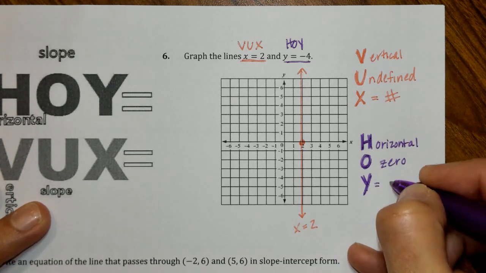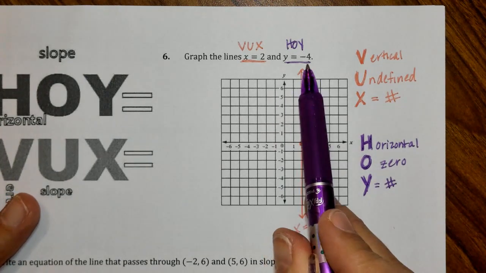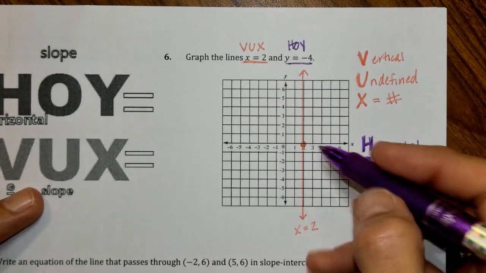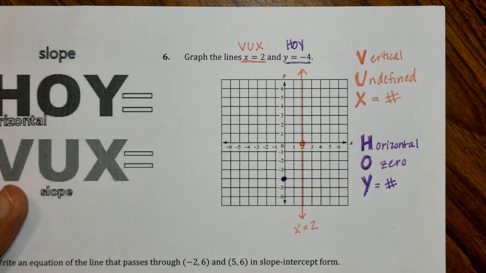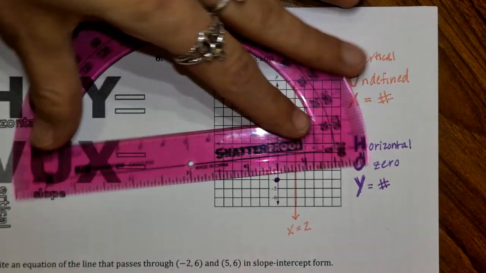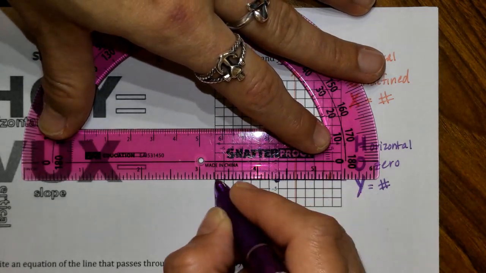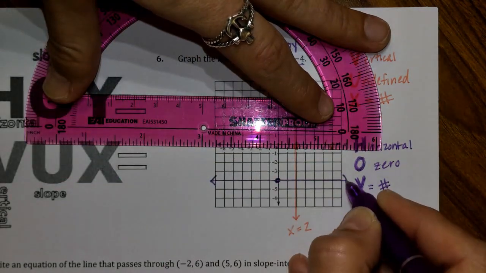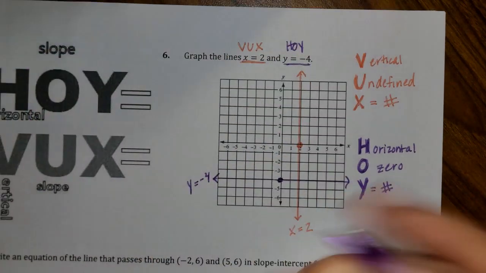And y is going to tell you your equation will be y equals a number. So y equals -4. Let's go find -4 on the y-axis. Here it is. And we're going to have a horizontal line that is going to cross through -4 on the y-axis. This will be your y equals -4.